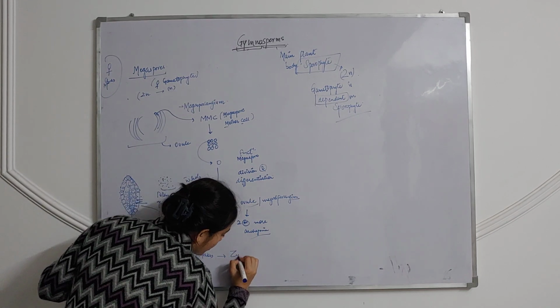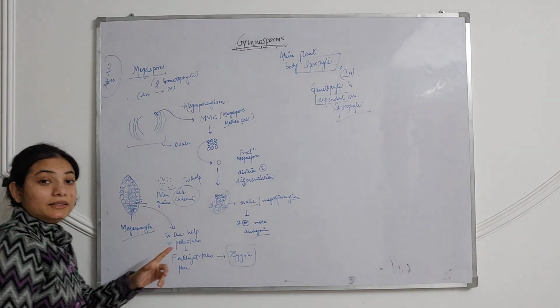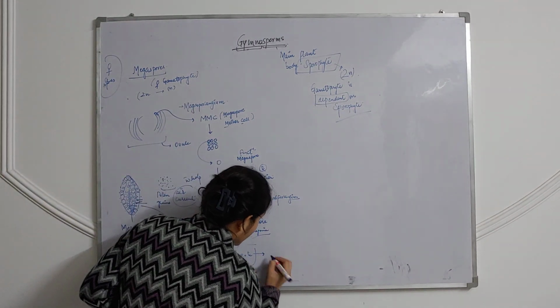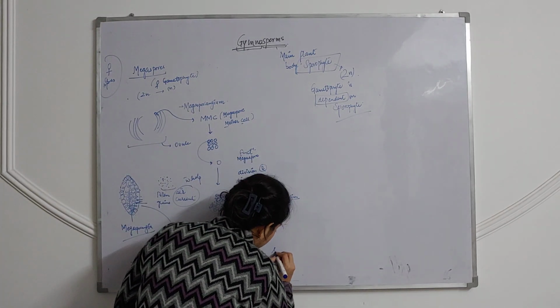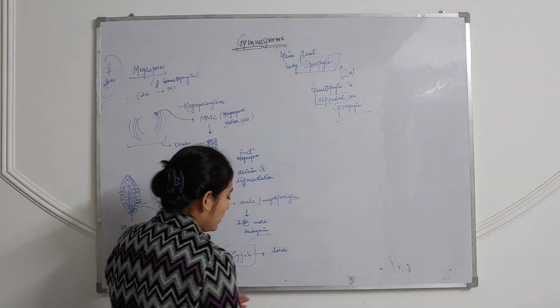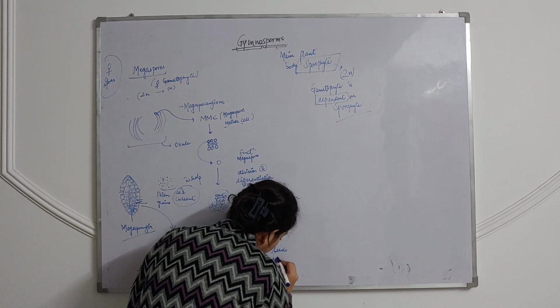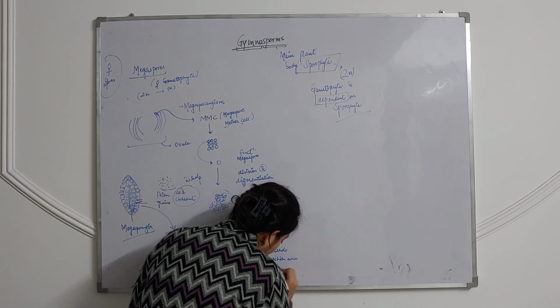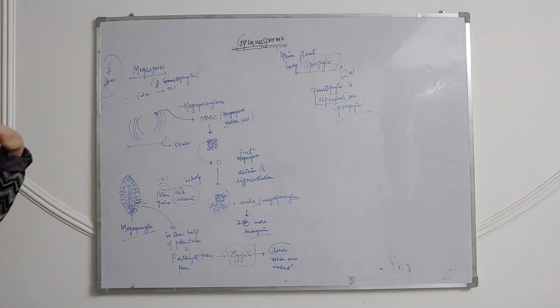And then the zygote is formed. And this zygote undergoes division and differentiation and produces seeds, or we can say the plant produces seeds which are naked or uncovered. So this is how the male spore and female spores are produced and how fertilization takes place in gymnosperms. I hope it is clear.